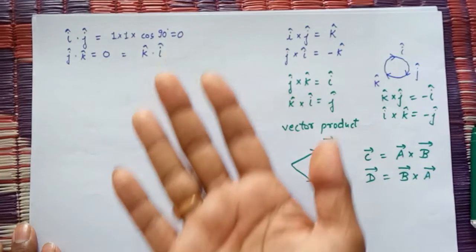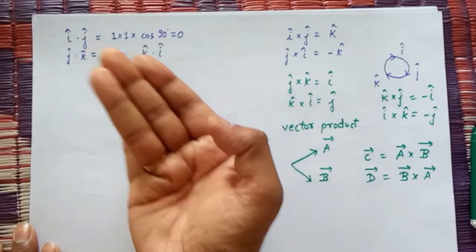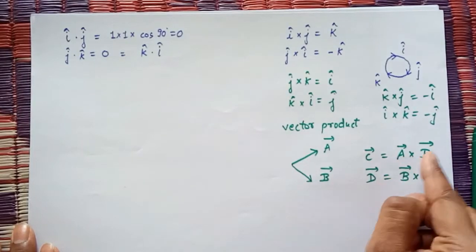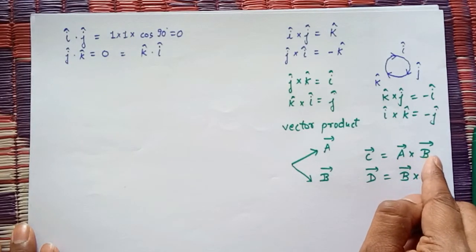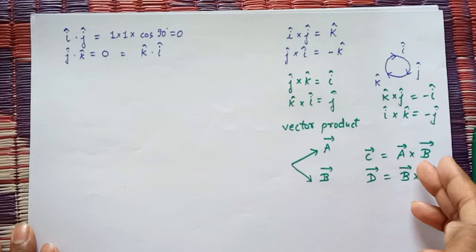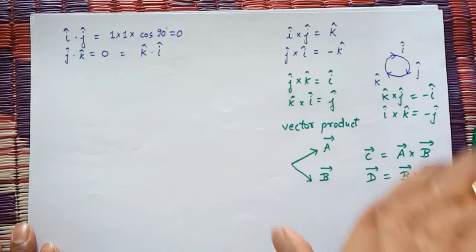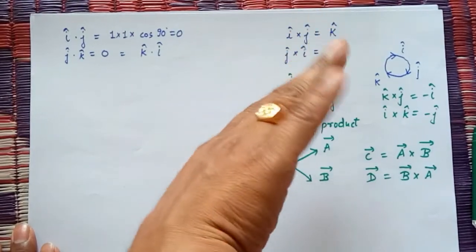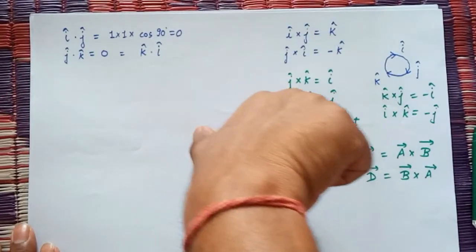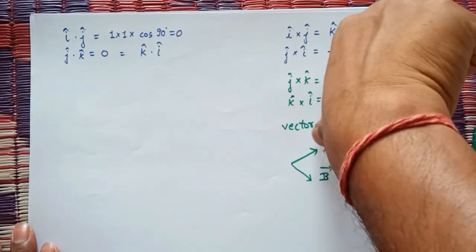So for finding A cross B and for finding B cross A, we will use the right hand thumb rule. How to use the right hand thumb rule? If you want to find A cross B, then put your fingers on A and close your fist towards B. Putting the fingers on A and closing it towards B, the thumb is inside.